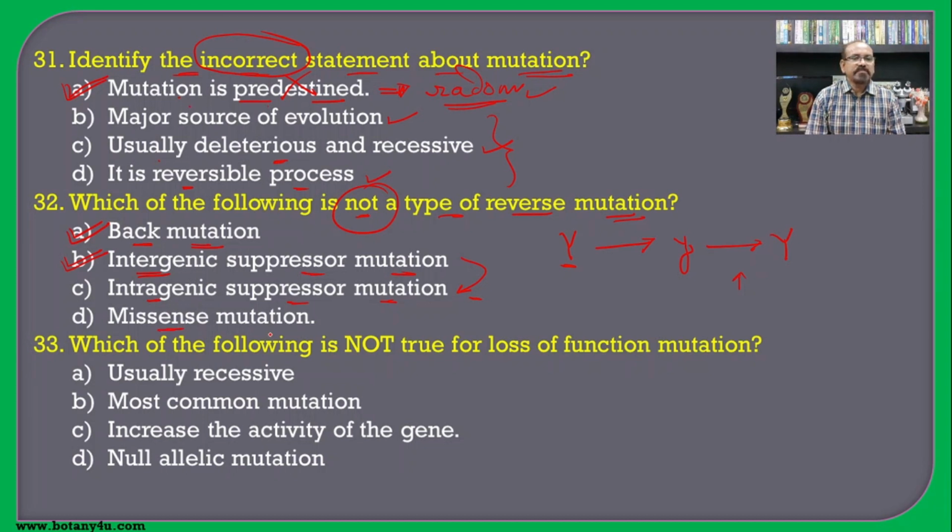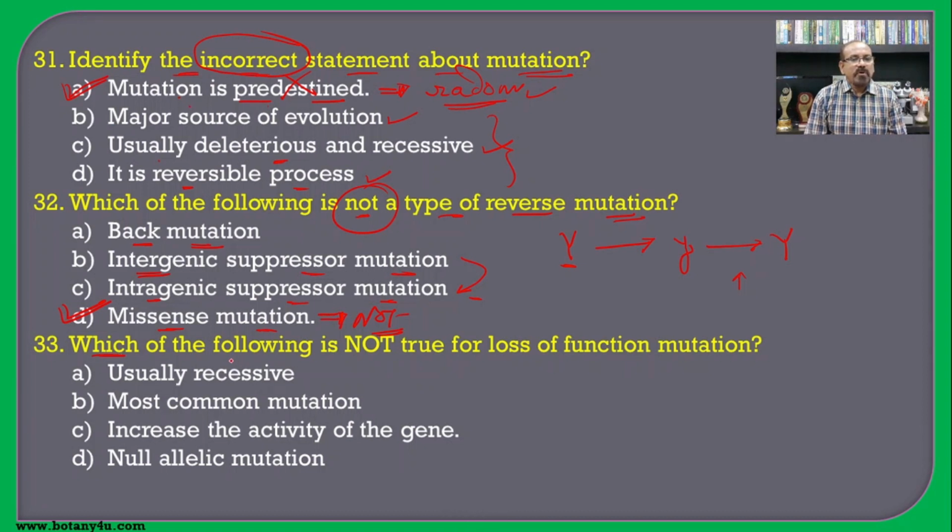And the missense mutation is a mutation which changes a codon, which usually results in a change in an amino acid in the protein, and hence this is not an example of reverse mutation, and hence D is the correct answer for this question.